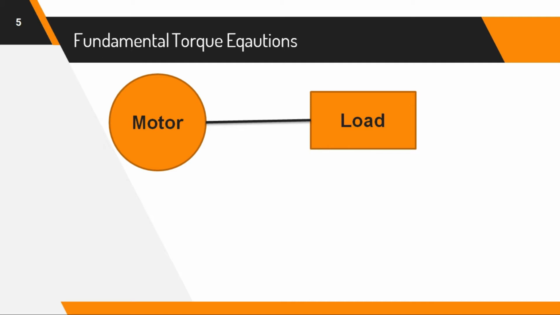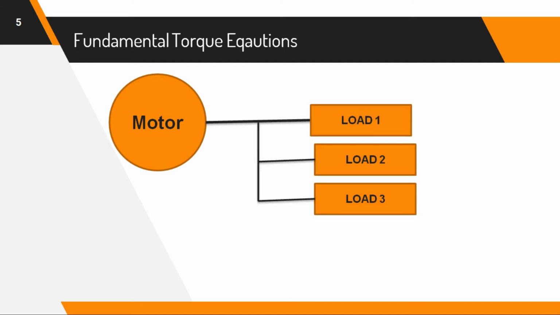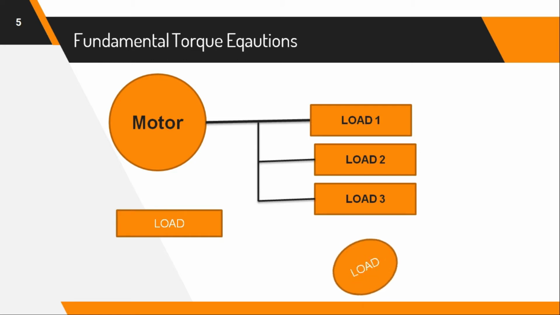And if the load has many parts, or different types of load are connected through this transmission system, means one is connected with the pulley, second is connected with the gearbox, then for the different parts their speed will be different, and some will rotate and others may go through a translation motion. Translation motion means horizontally or going up and down. Rotational motion means rotating in nature.